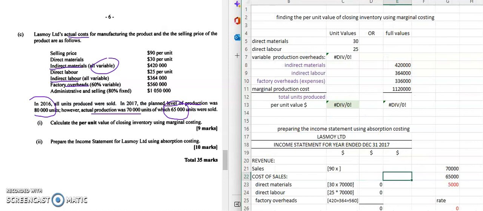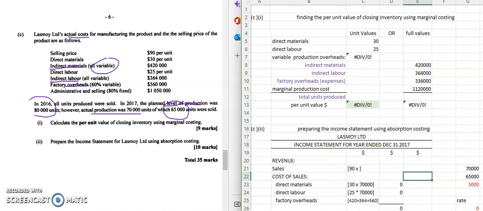So for part C then, to find the marginal cost, we know that what we have to do to get a marginal cost is to use all of the variable components. So anything that says variable, right, we're going to use those as long as it's part of the production.